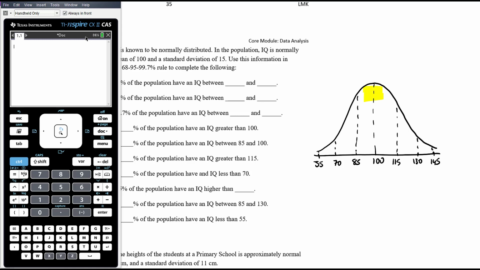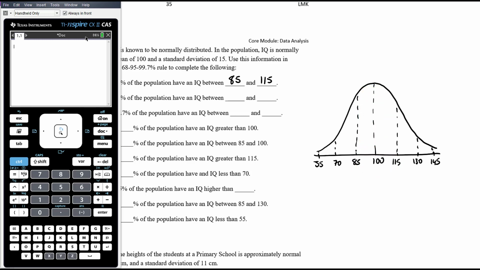So within 1 standard deviation of the mean, so mean plus 1 standard deviation to mean minus 1 standard deviation, we're going to get approximately 68% of the distribution. So that means between 85 and 115. So approximately 68% of the population have IQs that are between 85 and 115.